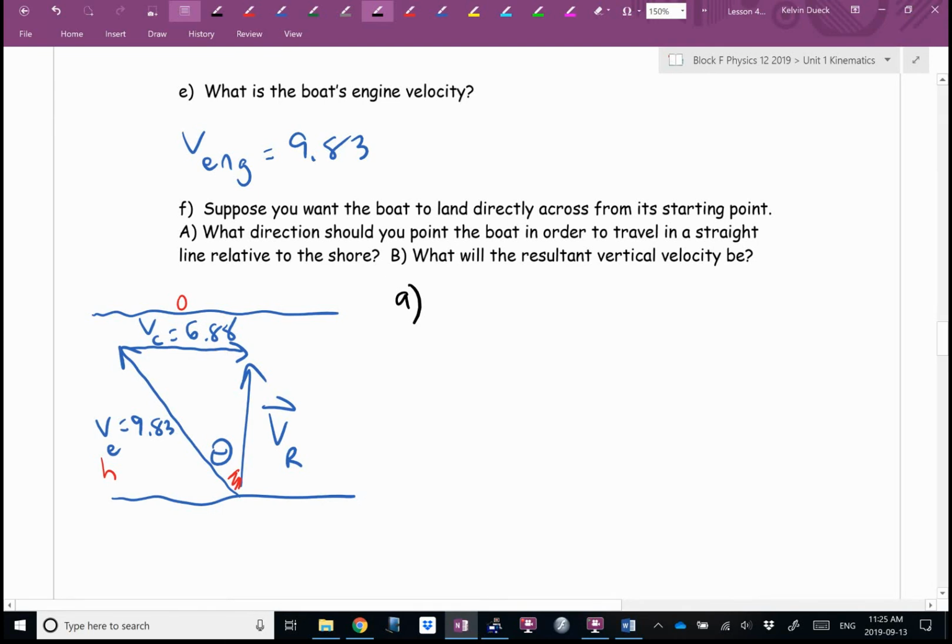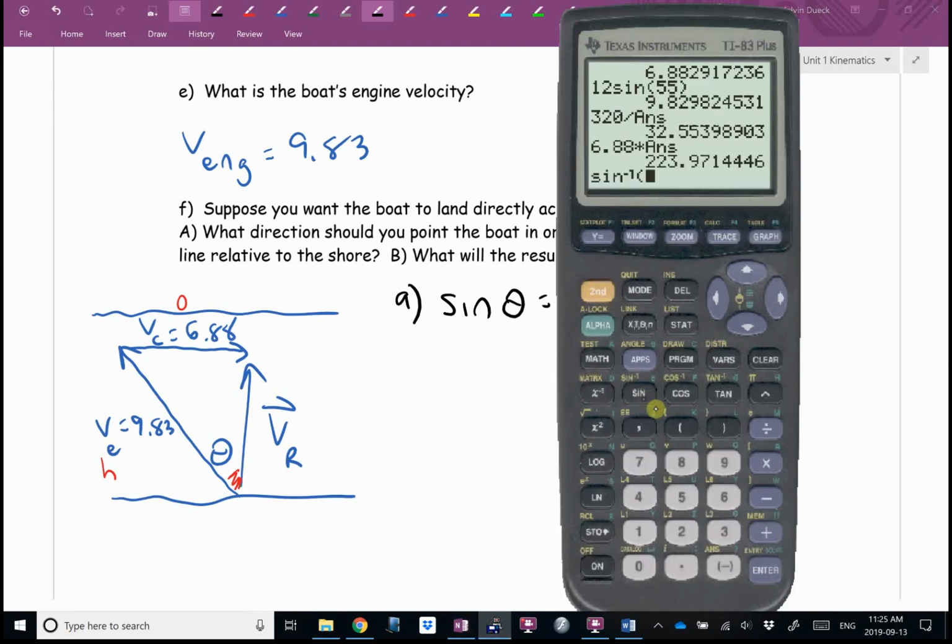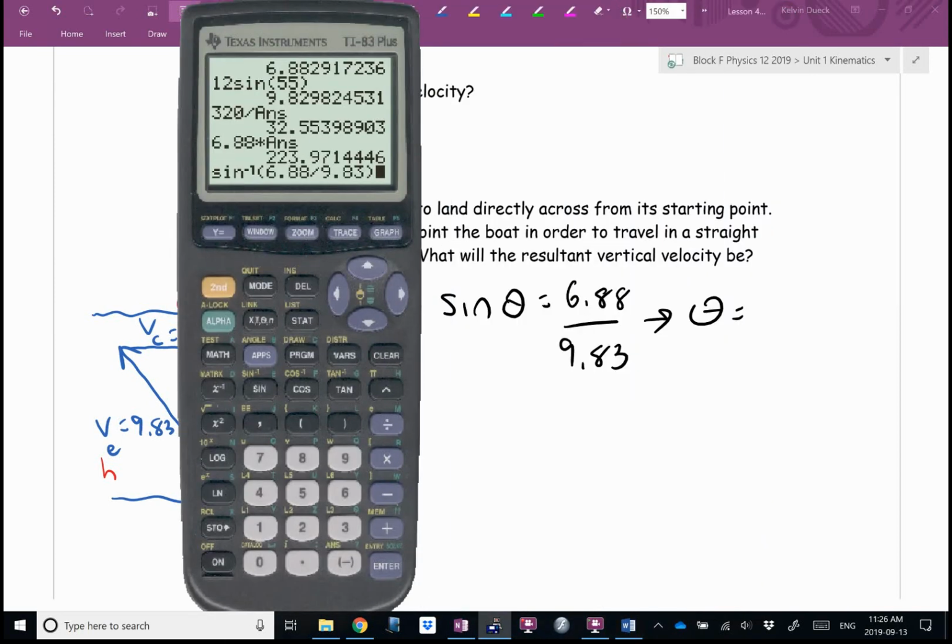It was usually tangent in all the easier ones that I gave you, but don't try and memorize patterns that aren't there. It's going to be sine theta equals 6.88 over 9.83. Theta is going to be 44.4 degrees.